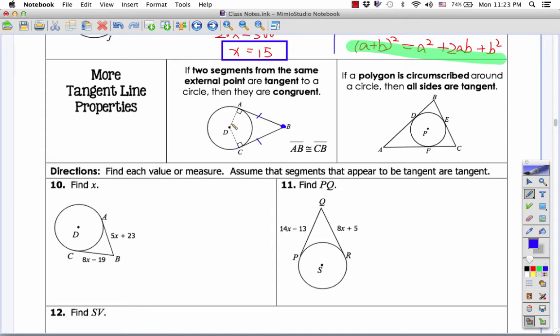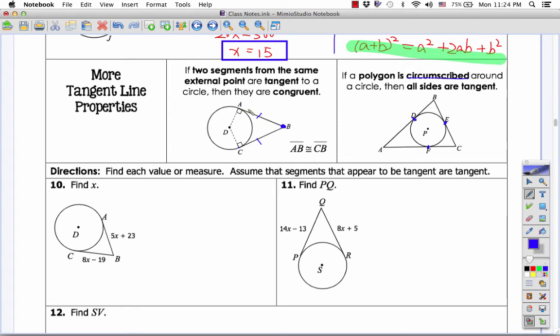An extension to that is on the right. If a polygon is circumscribed, meaning around a circle, then all sides are tangent, meaning that the polygon has a circle inside, and the sides of the polygon, each side is the tangent line. Of course, we've got the tangent points there.